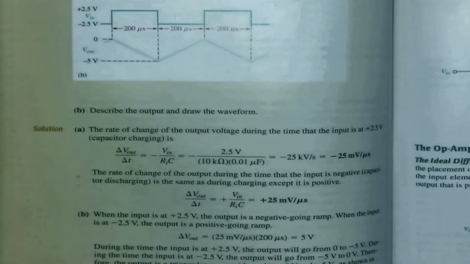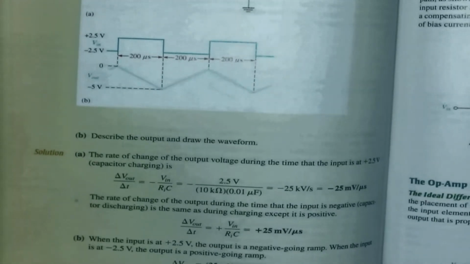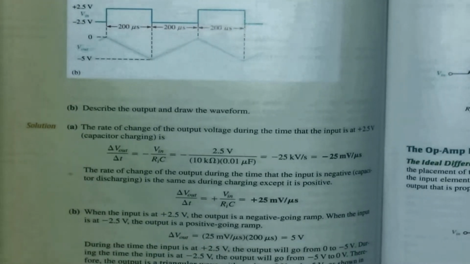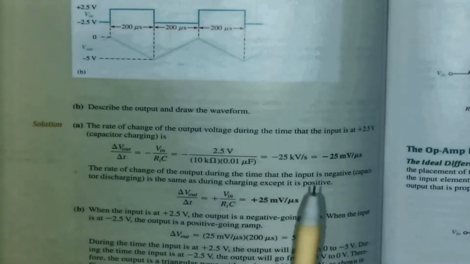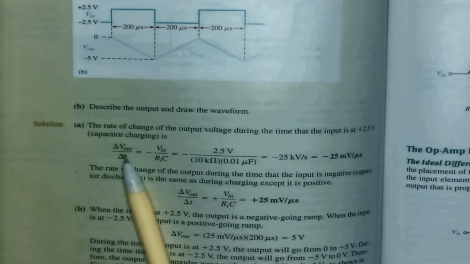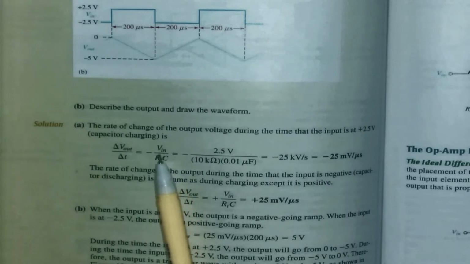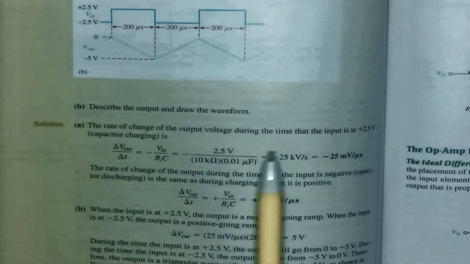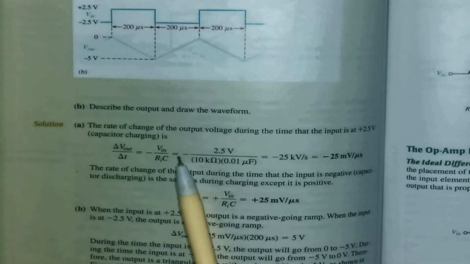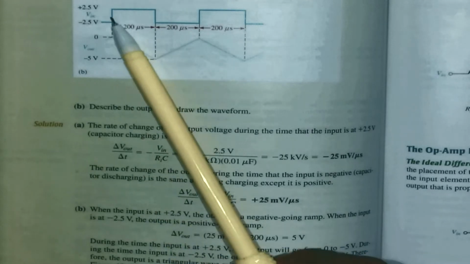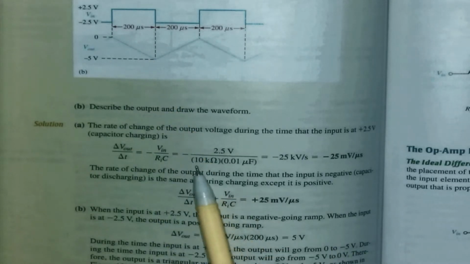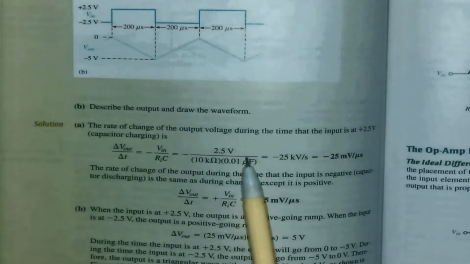All right, I will quickly repeat that. Because the formula states delta V out over delta T is equal to minus V in divided by Rin times C. The minus sign just indicates when my input signal goes positive, my output signal will go negative.